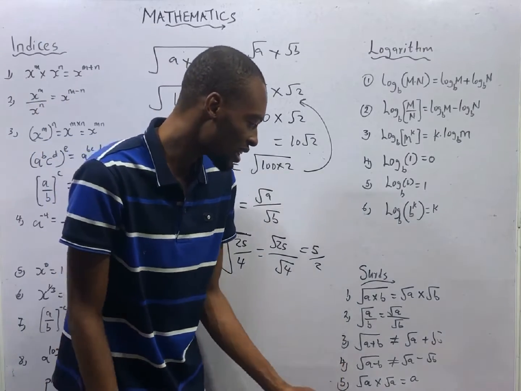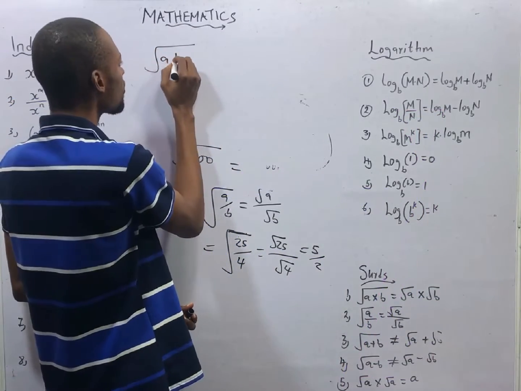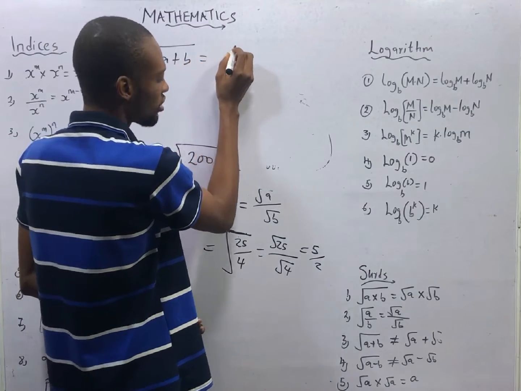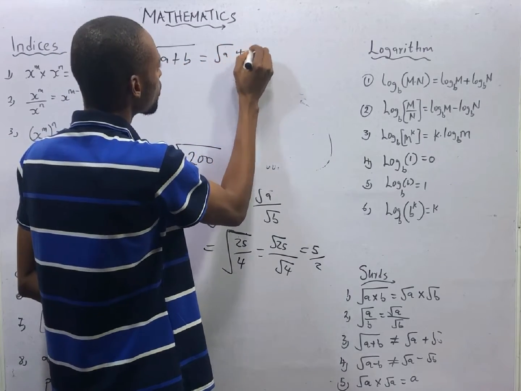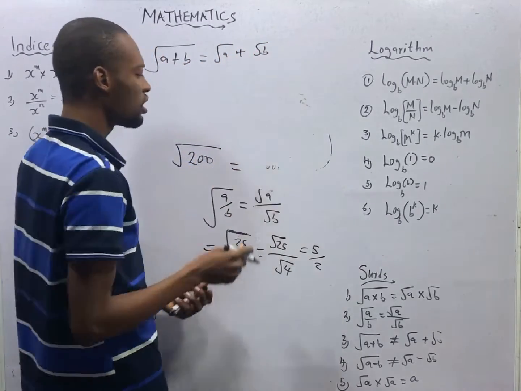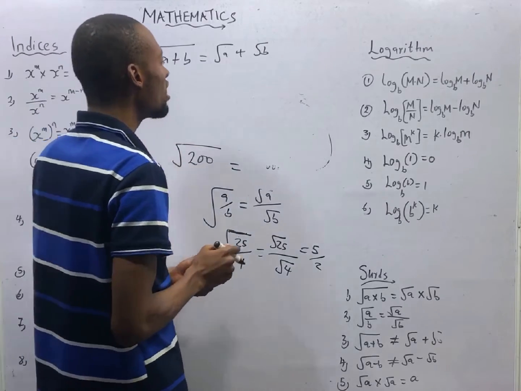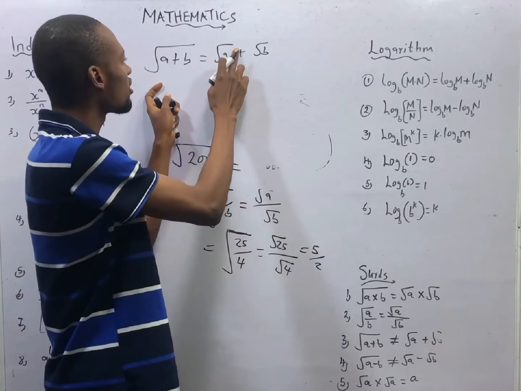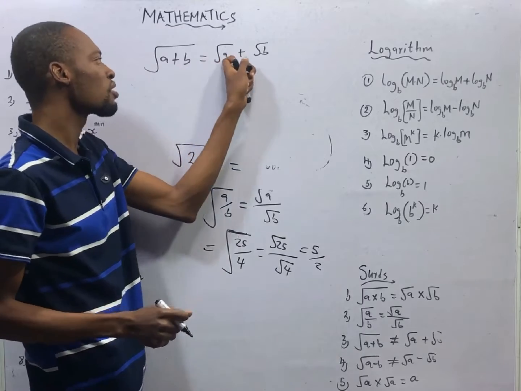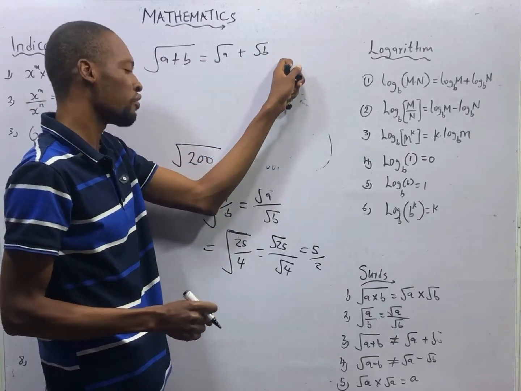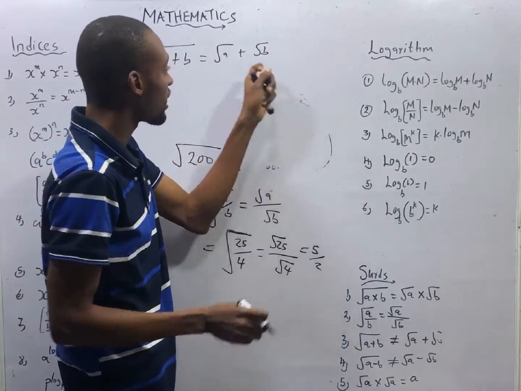Then the third law states that the square root of a plus b is not the same thing as the square root of a plus the square root of b. In the law of multiplication, we said the square root of a times b is equal to the square root of a times the square root of b.